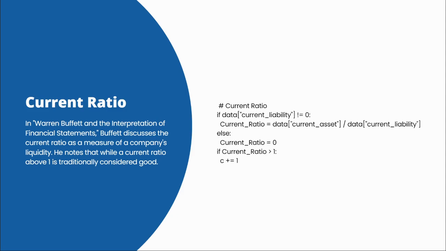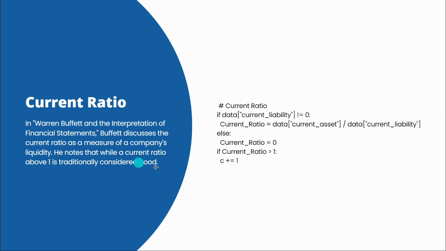Moving on to current ratio. In the book it stated that the current ratio measures the company's liquidity. A current ratio above 1 is traditionally considered good, but some companies might not be up to the mark and still be very good companies.